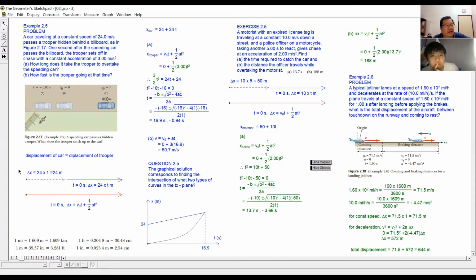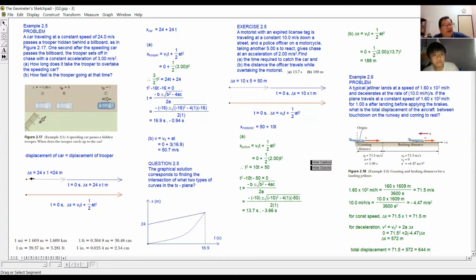When t is zero for the car, and also when t is zero for the policeman, we assume the two of them start at the same time. So that 1 second ahead is not counted.